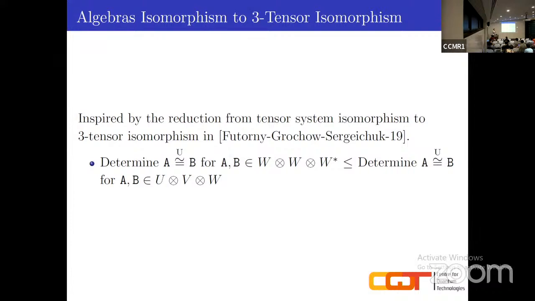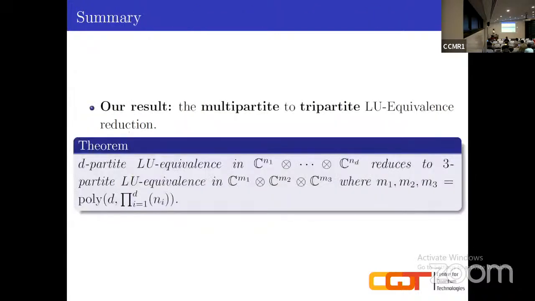And so here we use their technique to prove that determining whether two 3 tensors are unitary isomorphic for A and B in U tensor W tensor W star can be reduced to determining whether 3 tensors are unitary isomorphic for A and B in U tensor V tensor W. And finally, combining these 2 steps together, we have our result: reducing multipartite LU equivalence to tripartite LU equivalence.